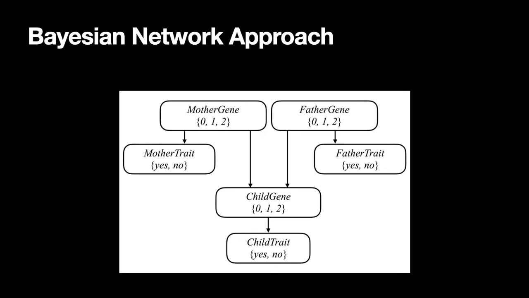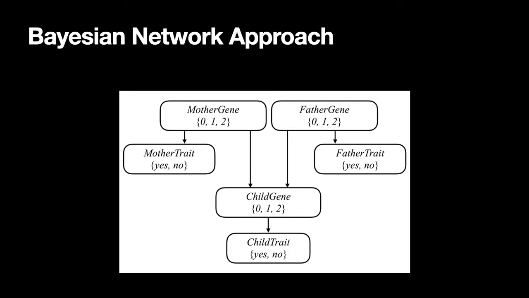So in this approach, we have the parent genes where each parent will have either 0, 1, or 2 copies of the gene, as well as the trait, whether the parent exhibits a trait or not.